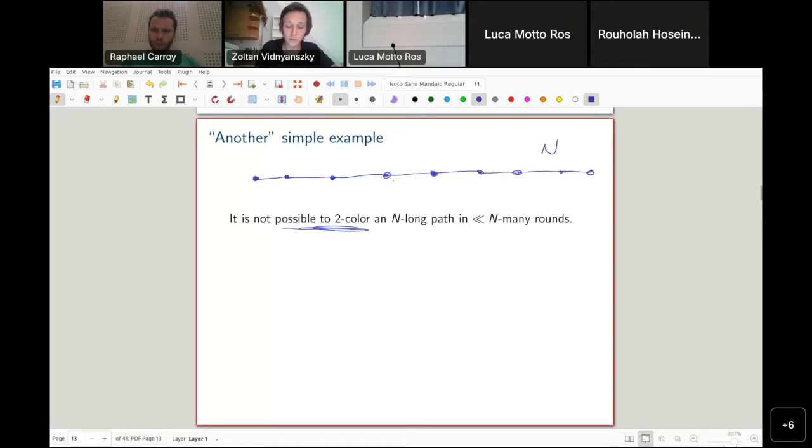That's fine. But if I'm restricted to work in, say, n over 4 rounds, which is a very trivial lower bound, then you cannot solve this problem. Cannot solve two-coloring. Why? Assume that this is n over 4. What is this local algorithm? It gets as input these IDs, for example 6, whatever, 170, and 3, and based on these IDs, it has to output a color, say red.